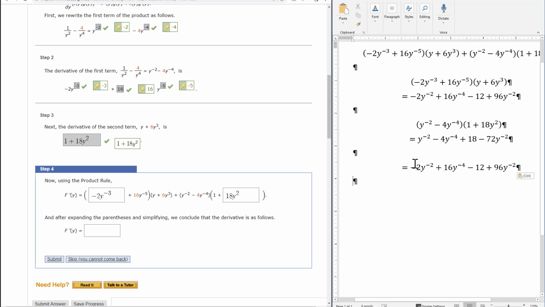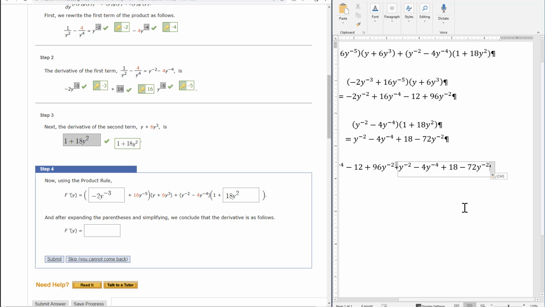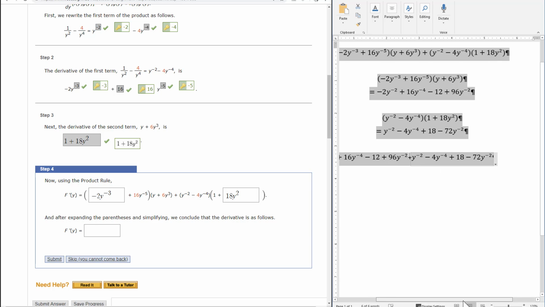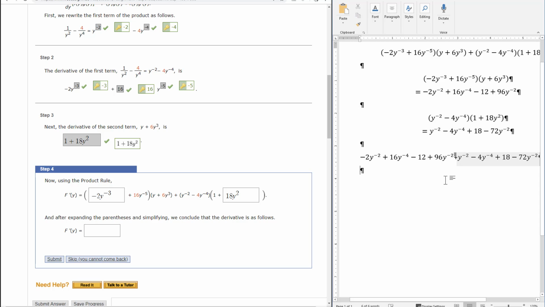Okay, so now we want to add the result that we got here, and then we're going to add this to it, the result that we just got. Alright, so now we're going to look for like terms, if we have any. It looks like -2 power, -2 power, so this has a coefficient of -2 plus 1. Anything else? Let's boldface that.